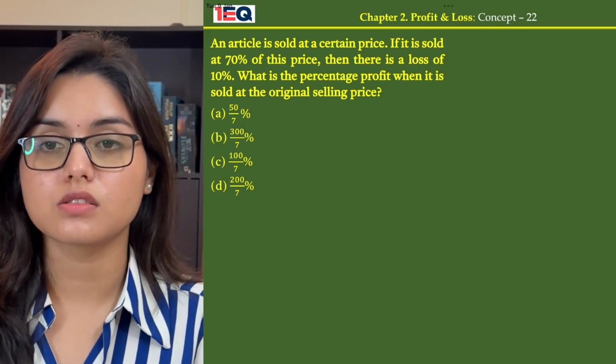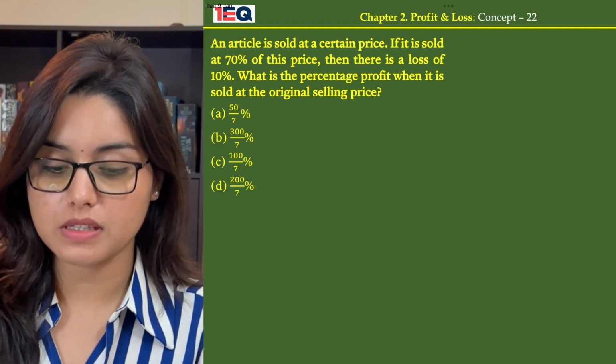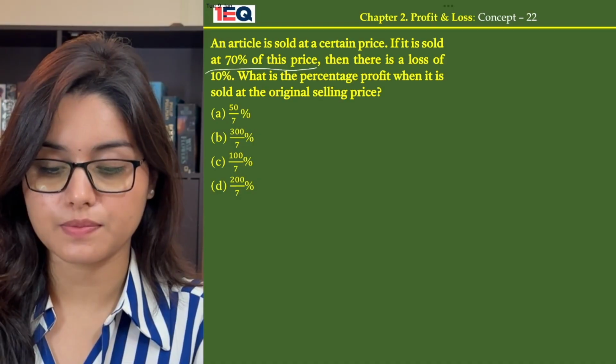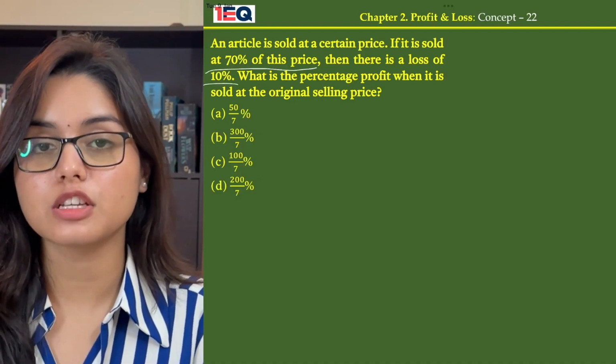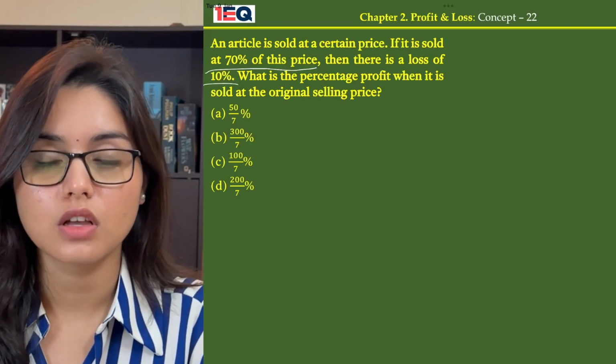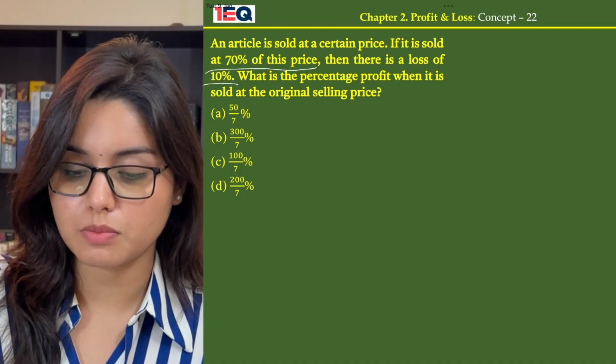An article is sold at a certain price. If it is sold at 70% of this price, then there is a loss of 10%. What is the percentage profit when it is sold at the original selling price? So let the cost price and selling price be CP and SP respectively.